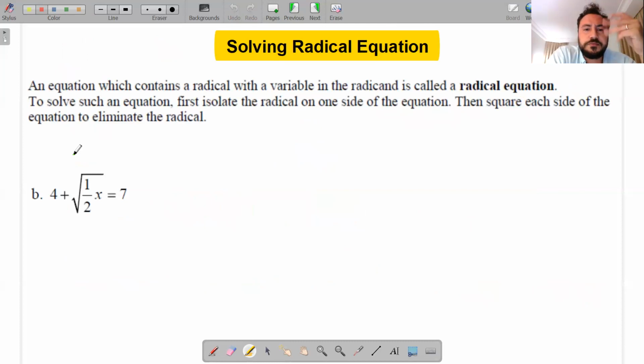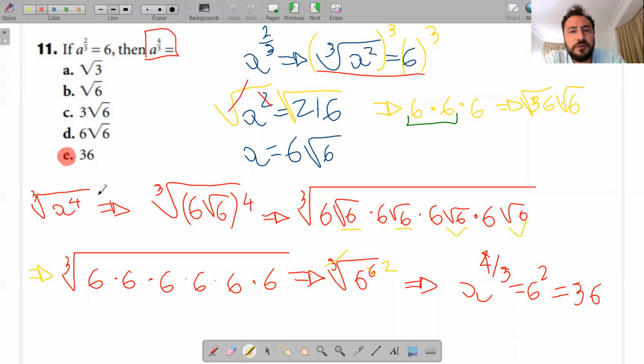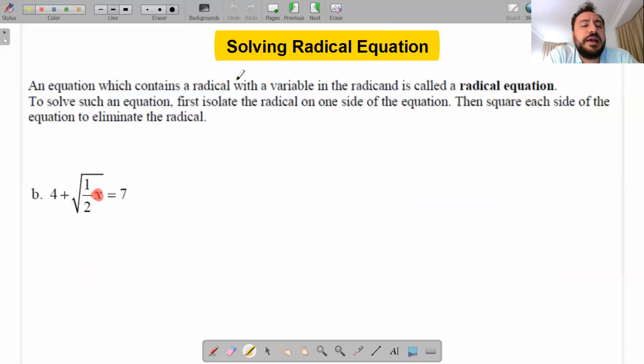Right before, I showed you how to solve any radical equation. And here we have another example where we need to solve to find x. Before, we used the method for solving an equation to find a; in this one we want to find x.